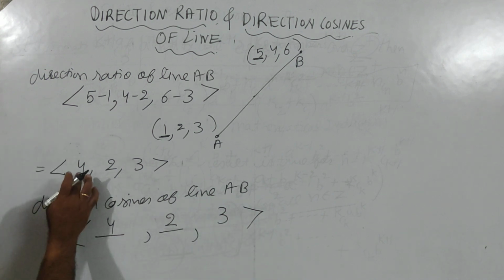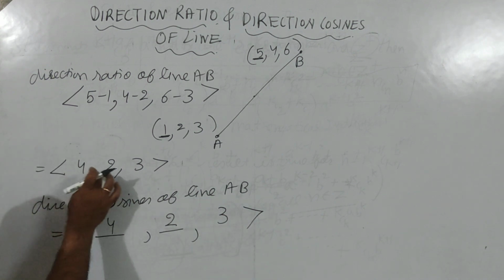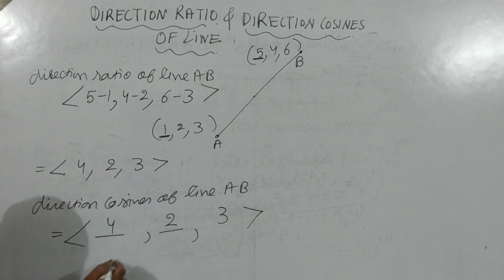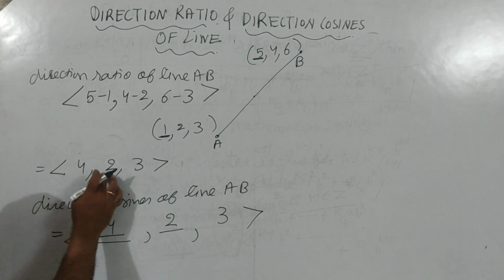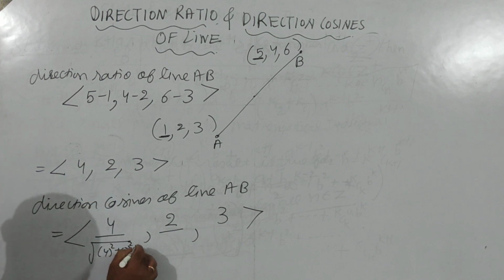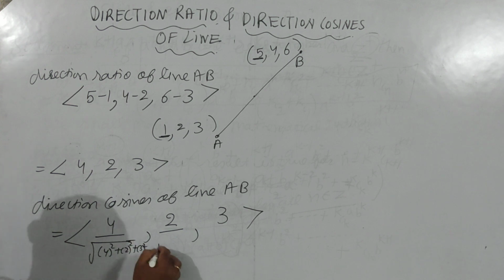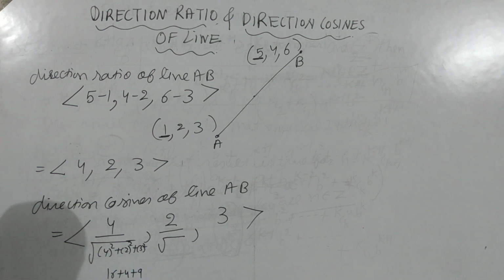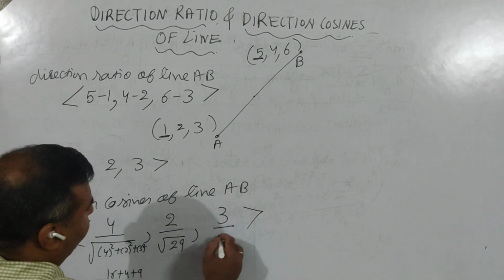You divide by the square root of the sum of their squares: 4 squared, 2 squared and 3 squared, which is 16 plus 4 plus 9. The answer becomes 29, so you write the square root of 29.